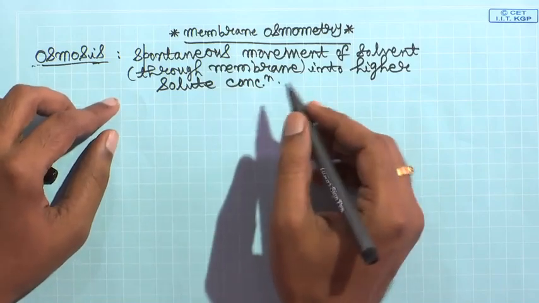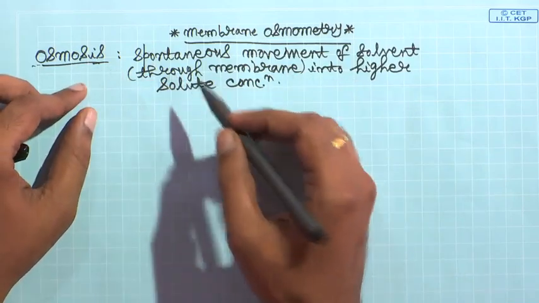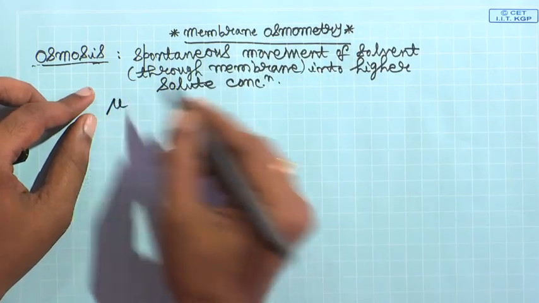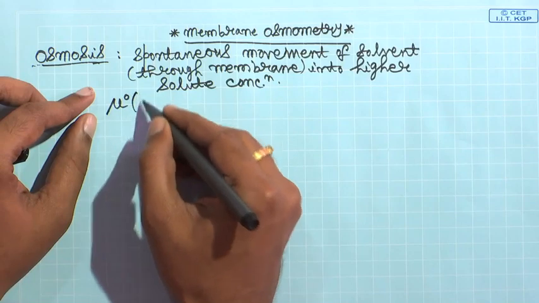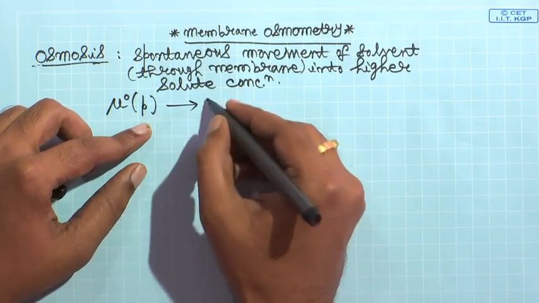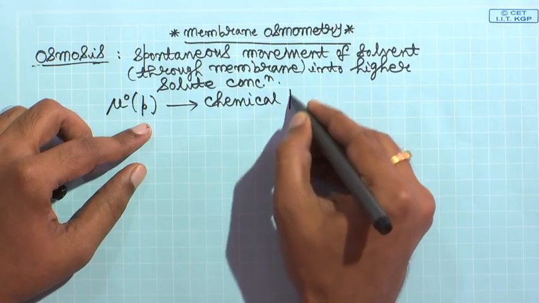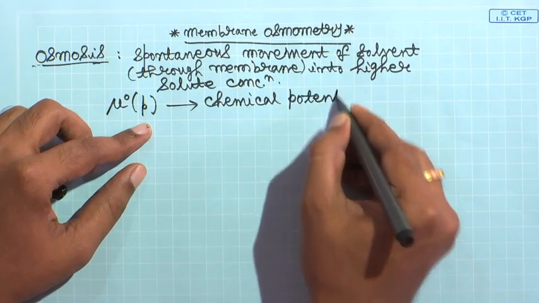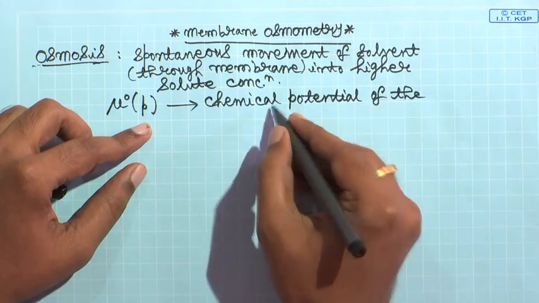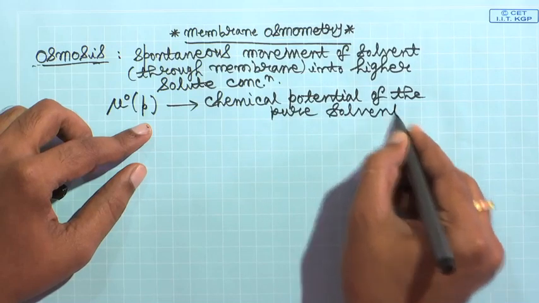Now, of course, the osmotic pressure will depend on the molar concentration of the solute. So, let us say mu 0 P, P is the pressure, is the chemical potential of the pure solvent.